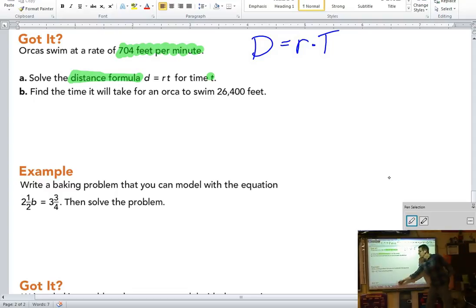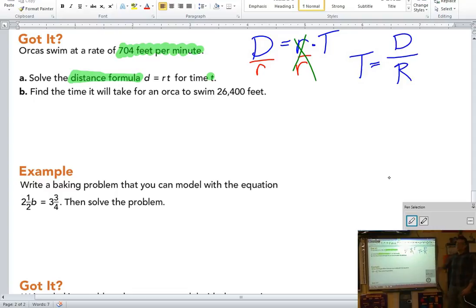I agree, I'm going to divide, but what is it that we divide by? If we want the t to stay, we're getting rid of the r, that's what we divide by. So these cancel each other out, and I get that the time will equal the distance traveled divided by the rate you were traveling at.